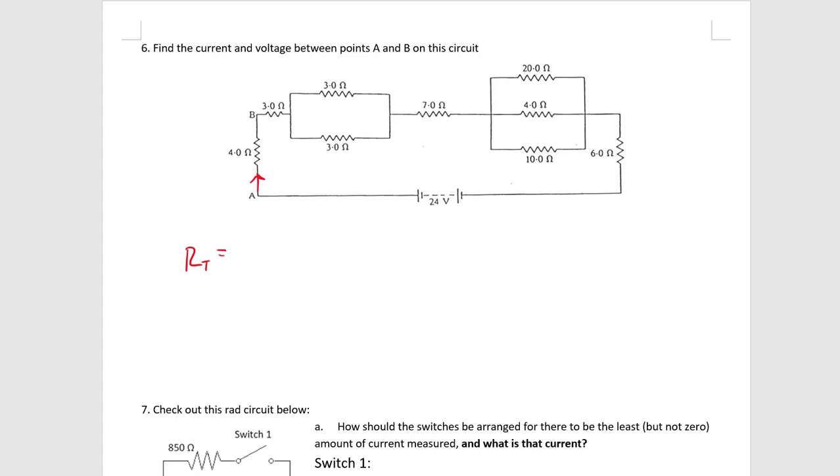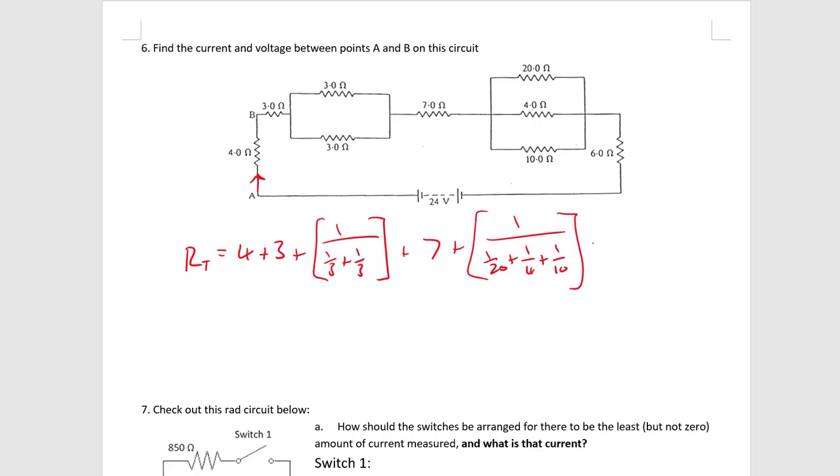So the total resistance is going to be equal to that 4 ohm resistor plus the 3 ohm resistor plus 1 divided by 1 on 3 plus 1 on 3. But since these are the same, you might have already identified that this whole thing will come to 1.5 because the resistance will halve. And plus the 7 plus, and this one here is the reciprocal of 1 on 20 plus 1 on 4 plus 1 on 10.